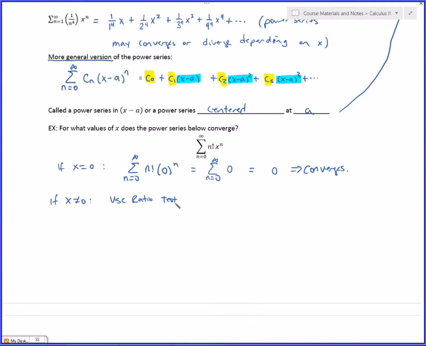Actually, it's probably more like 98% of the time, but who's counting? Do you remember the ratio test? Absolute value of a sub n plus 1 divided by a sub n. Exactly. We're going to take the limit of that as n goes to infinity.